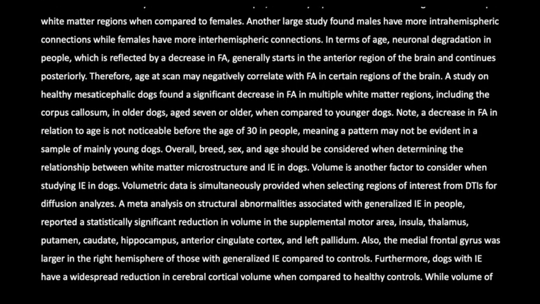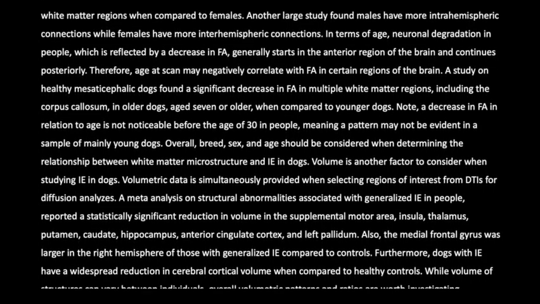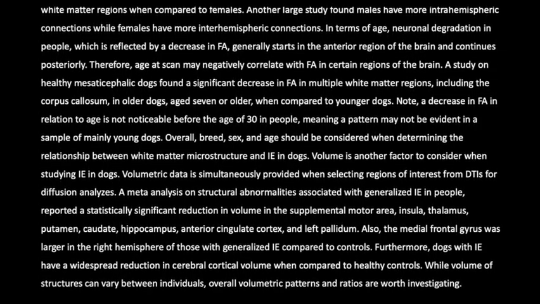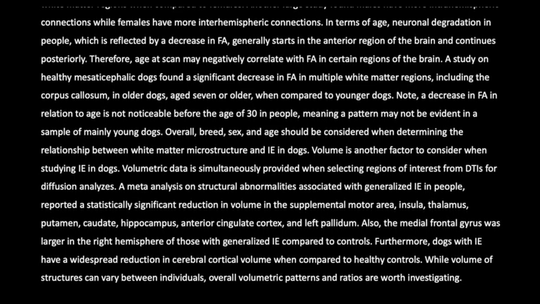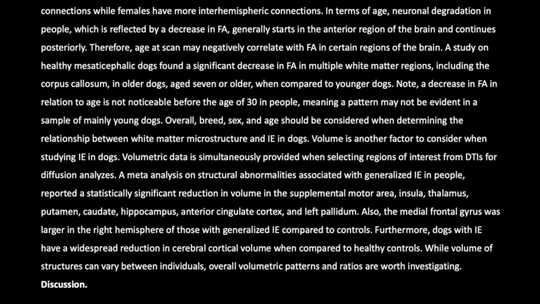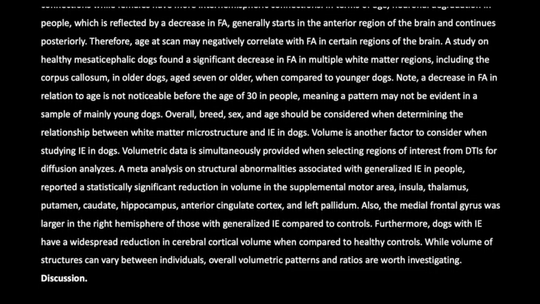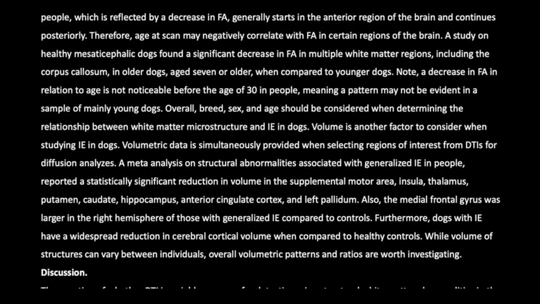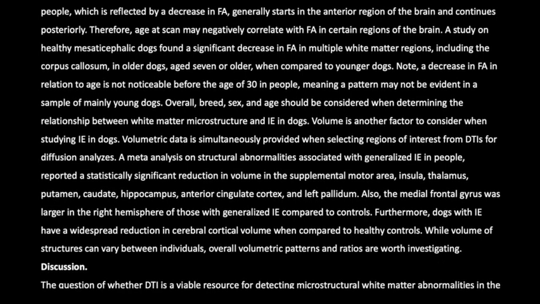Note: a decrease in FA in relation to age is not noticeable before the age of 30 in people, meaning a pattern may not be evident in a sample of mainly young dogs. Overall, breed, sex, and age should be considered when determining the relationship between white matter microstructure and IE in dogs.